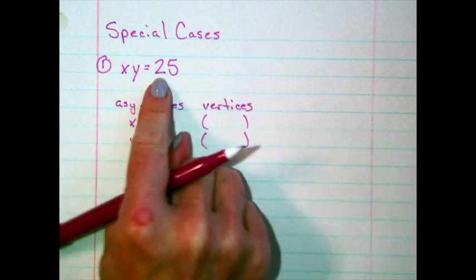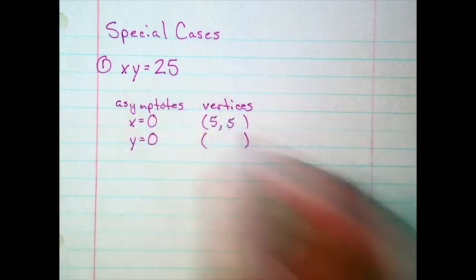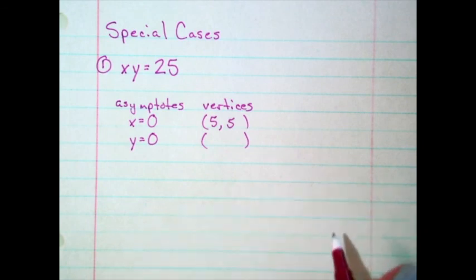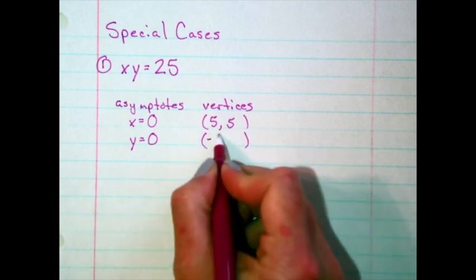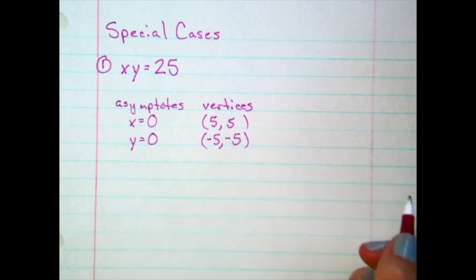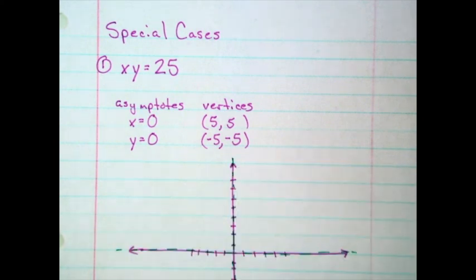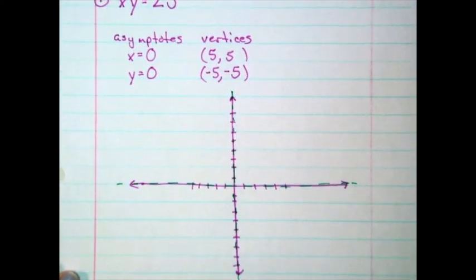if we take the square root of 25, we get 5. So one pair is going to be +5 and +5. The other pair is going to be the negative version of that. So we've got -5, -5. So when we sketch this out, the asymptotes are the x and y axis.